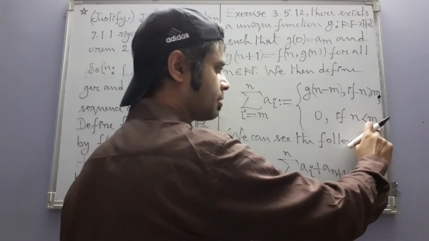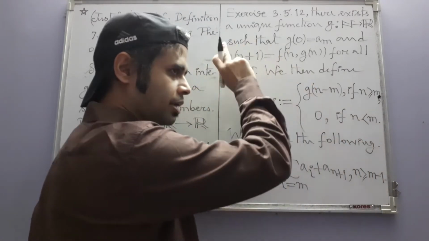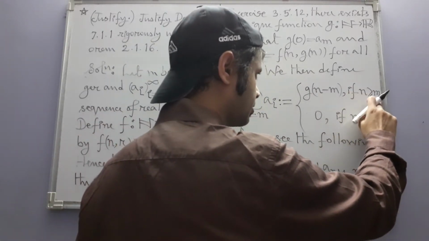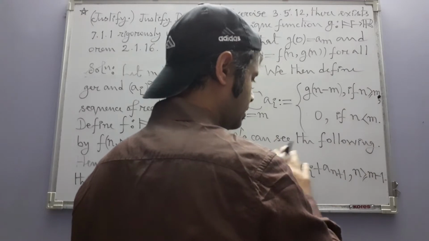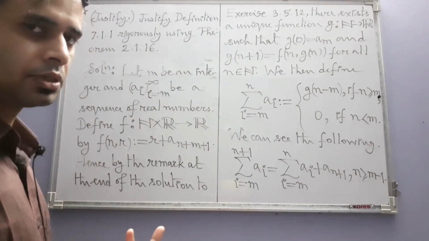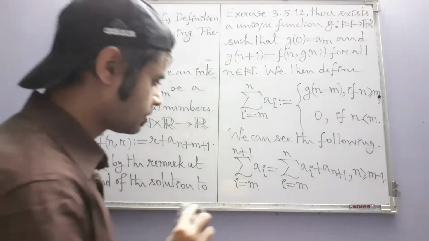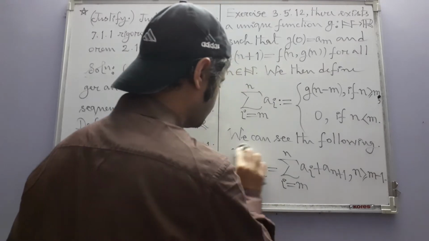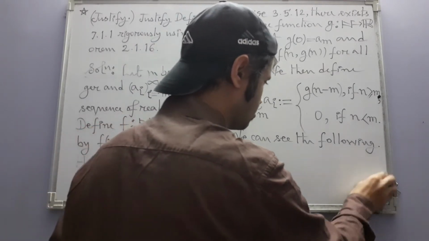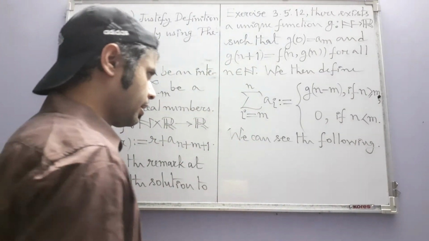Now when n is less than m, then this is equal to 0, which matches with what we had previously. Now if n is greater than or equal to m, then we have to see that the other part also matches with the previous thing. So this is what we want to show. Now two cases will arise.